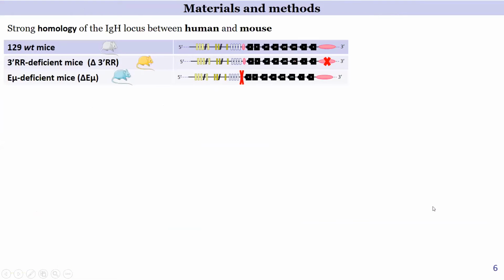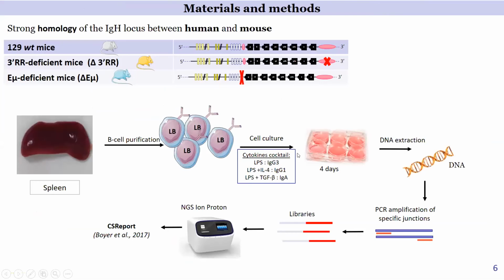For this, and because there's a strong homology between human and mouse IgH loci, we sequenced junctions resulting from the culture of splenic purified B cells of wild-type, 3' RR deficient and E-mu deficient mouse models, which were cultured for 4 days with different cytokine cocktails and then analyzed by high throughput sequencing.